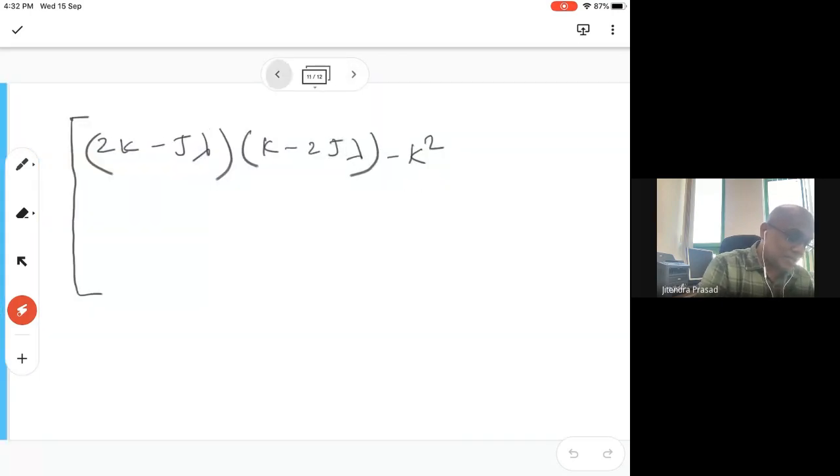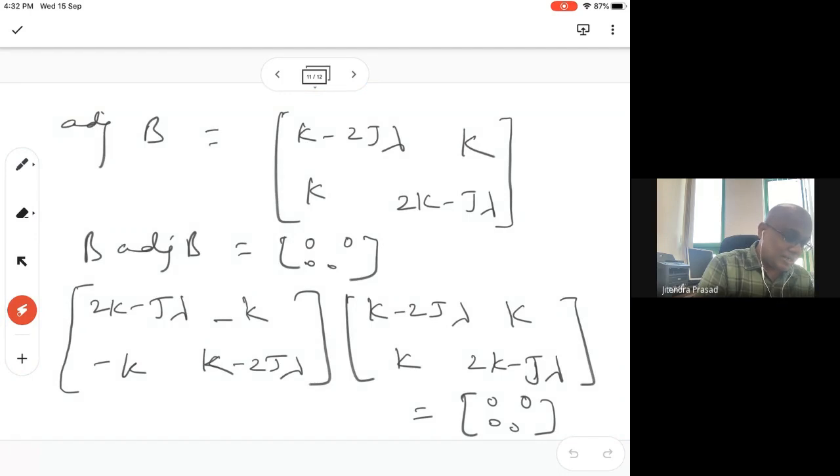Now the next one. Look at this. We are going to multiply this with this row. So 2K minus J lambda multiplied by K, and the minus K multiplied by 2K minus J lambda. You will see here, this is K multiplied to this minus K multiplied to this.